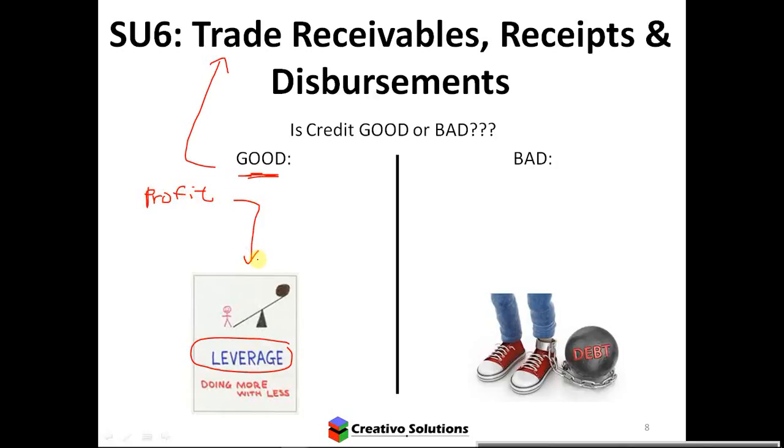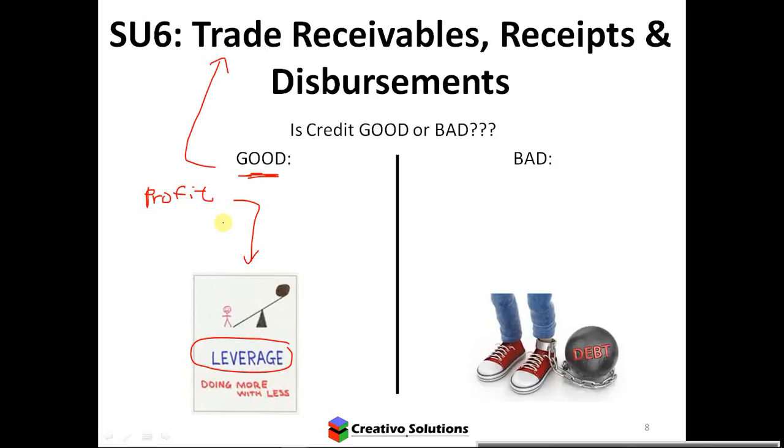Leverage has a way of maximizing profit. Why? You're using someone else's capital in order to finance your purchase as an entity, as a business, in order to operate. So profit can be maximized by introducing debt. Debt is also important for operations. Cash flow: credit actually provides you with more liquidity.